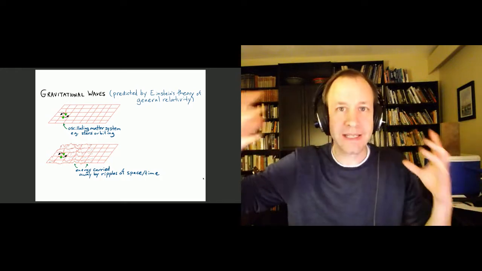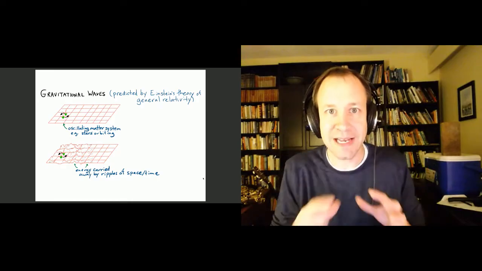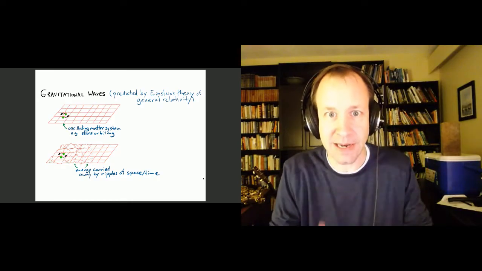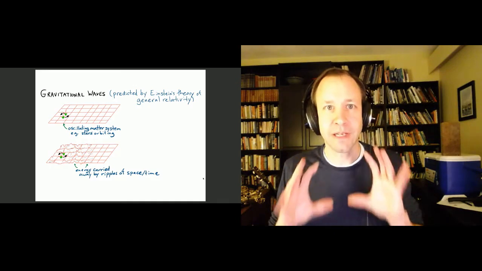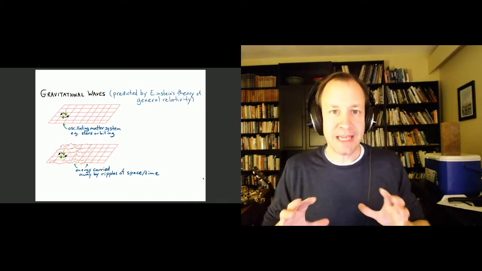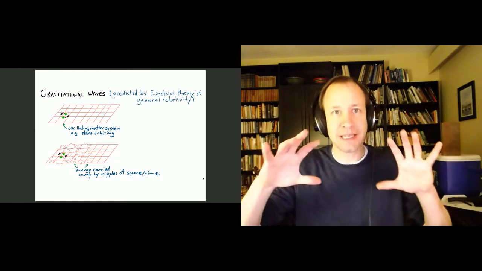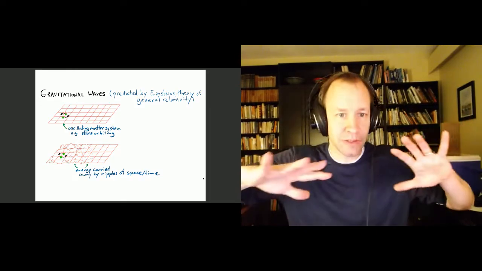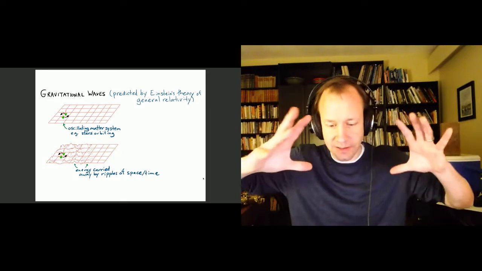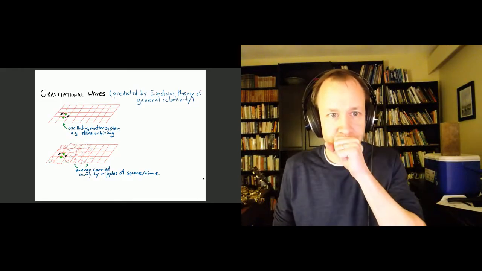So in Einstein's theory, space is something that can bend and warp, and it does that under the influence of mass and energy. And one of the predictions of Einstein's theory of gravity is that because space-time is this thing that is dynamical and can be bent and warped, kind of like a rubber sheet or any other material, it can also have waves traveling along it.